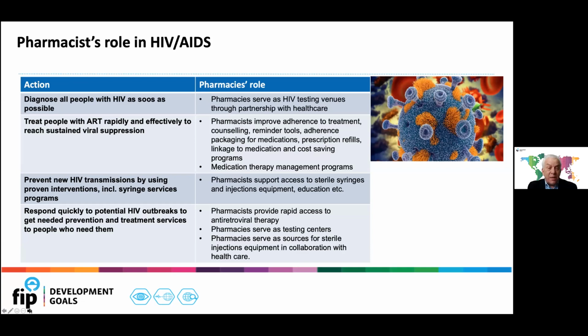We can treat patients with antiretroviral therapy rapidly and effectively to reach sustained viral suppression. We can prevent new HIV transmissions by using proven interventions, including syringe services programs, and of course, respond quickly to potential HIV outbreaks to get needed prevention and treatment services to the people who need them.